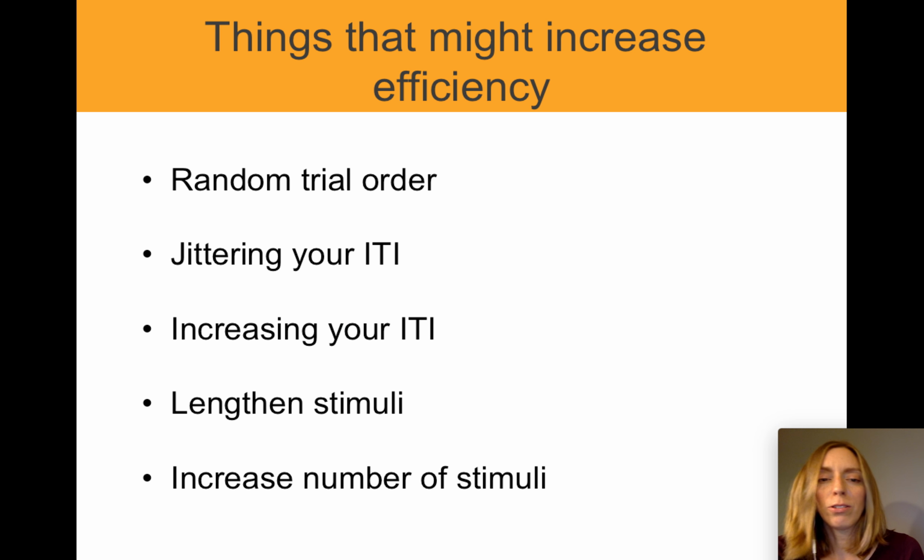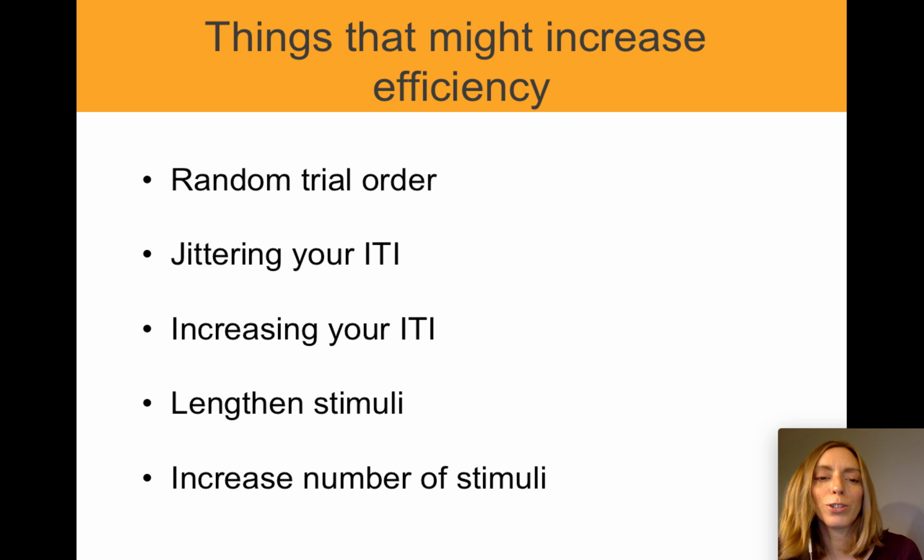What else can you do to increase your efficiency? Well, you could do the random trial order that I just did. I can't remember if I said this, but I did restrict it so that it wouldn't be possible to have more than two faces or more than two houses in a row. So often you'll want to have those types of restrictions. You can also jitter your ITI by letting it be random.